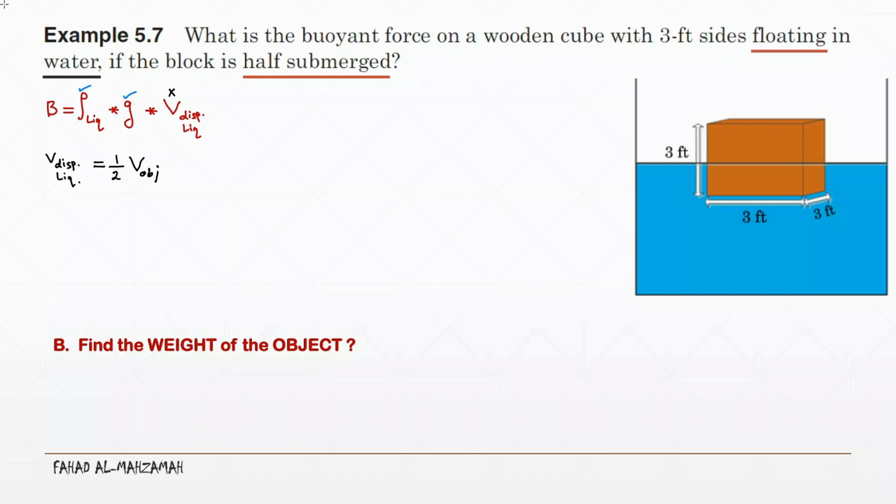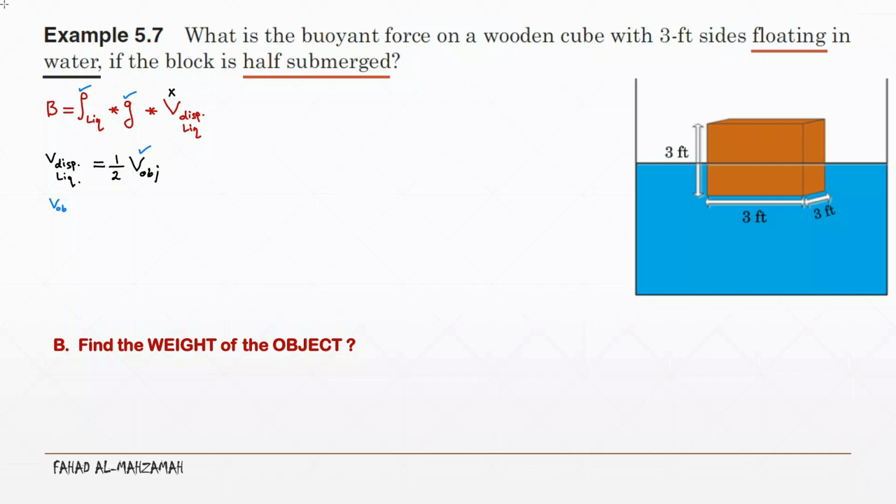Now the question, do we know the volume of the object or can we calculate it? Yes, of course, it's going to be very easy. We know the dimensions of the wooden cube, and he said the dimension of the object is equal to 3 feet at each side.